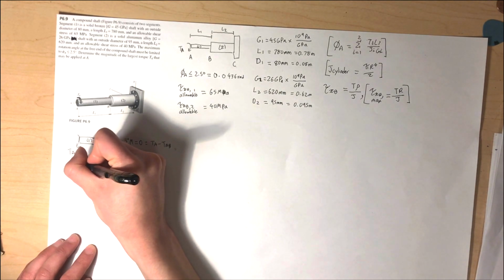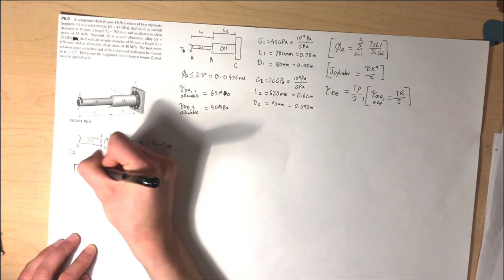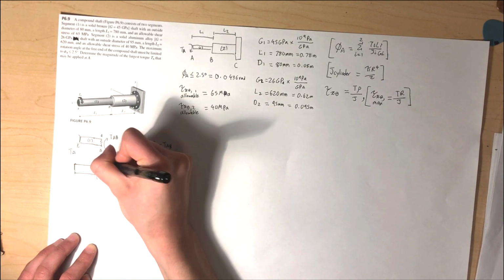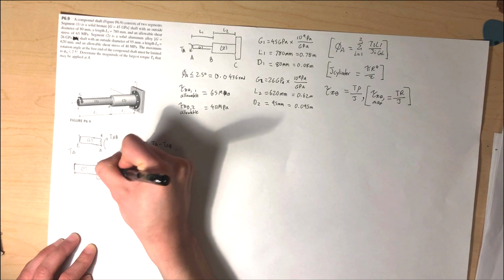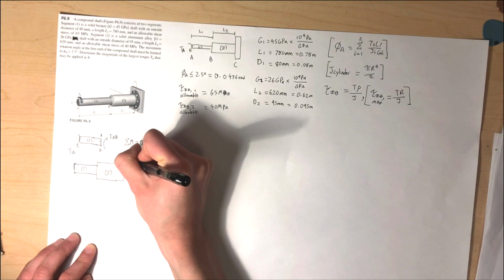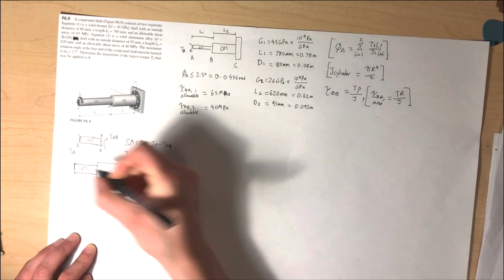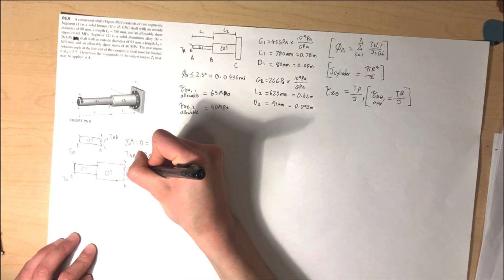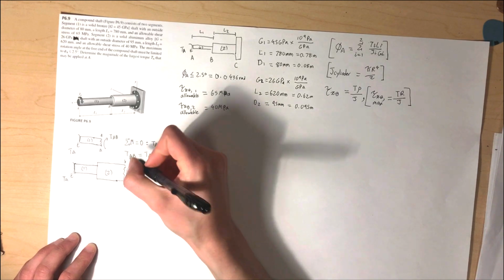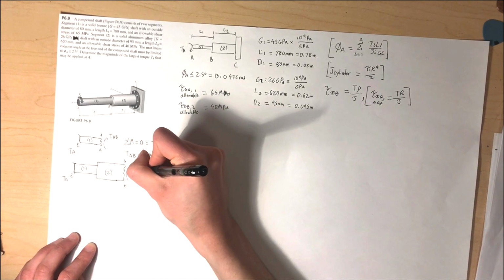We can now take a cross-section through member 2 to determine internal loads in member 2. And again, we have TA acting at the end, and some reaction acting here, which we will call TBC.